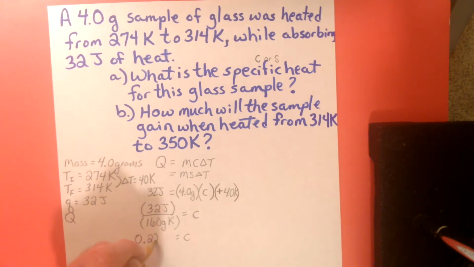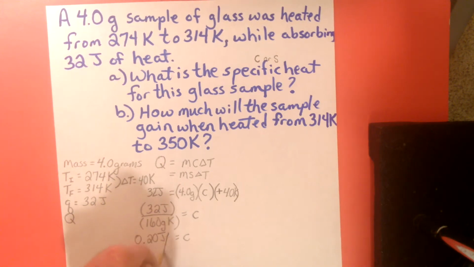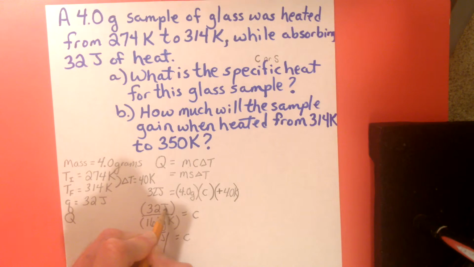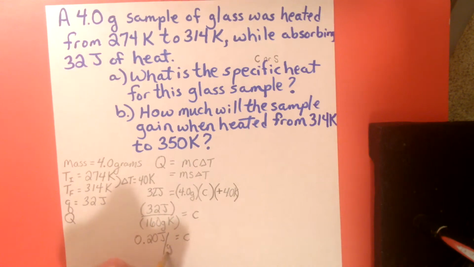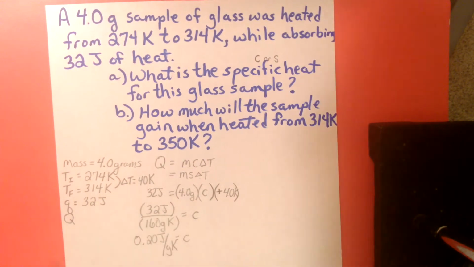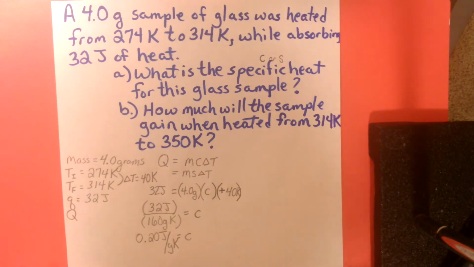0.2. I'm going to put another 0 because of two significant figures. Do not forget your units: joules over grams Kelvin. Specific heat capacity has some unusual units. It's a derived unit of energy per mass and degree.